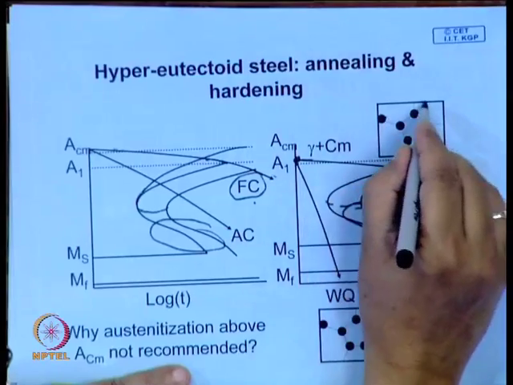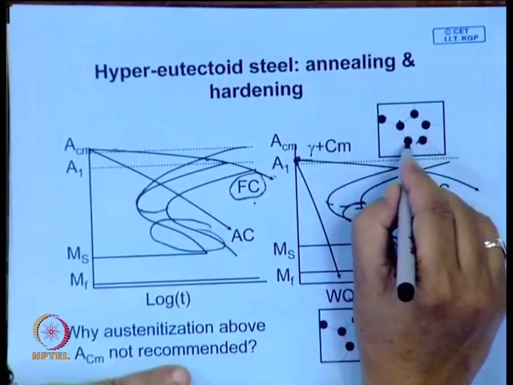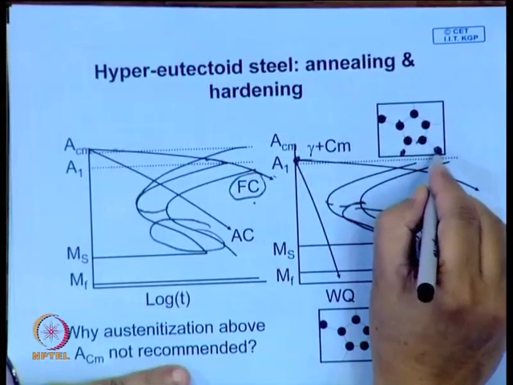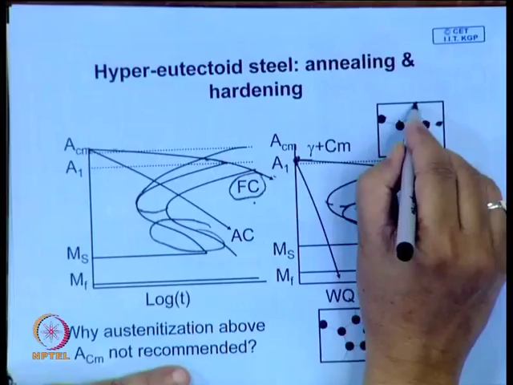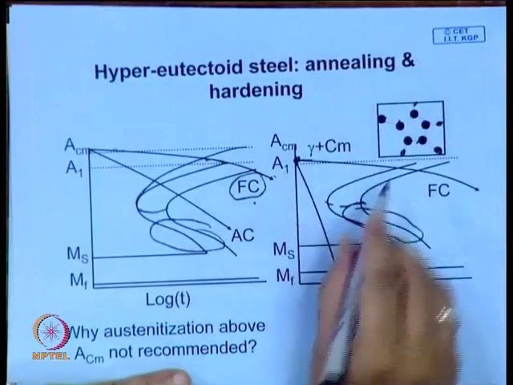Here you have austenite and these are the carbides. Normally, if you etch with nital, they may not appear dark, although I am representing them as dark here. These carbides will not let the austenite grain grow.